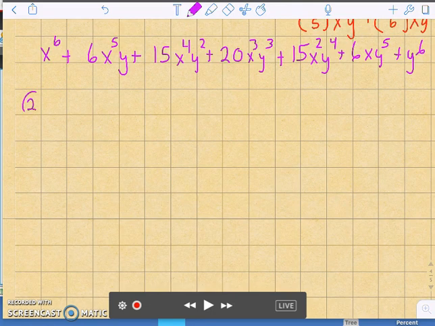So let's try another one. Let's say we were asked to expand 2x minus 3 to the 5th.